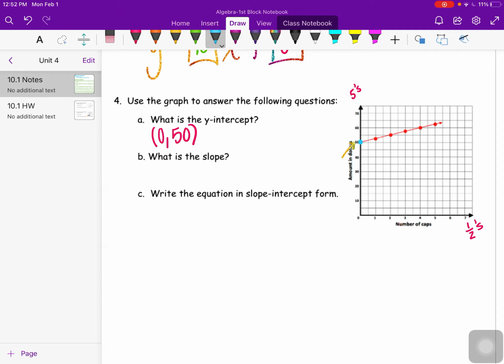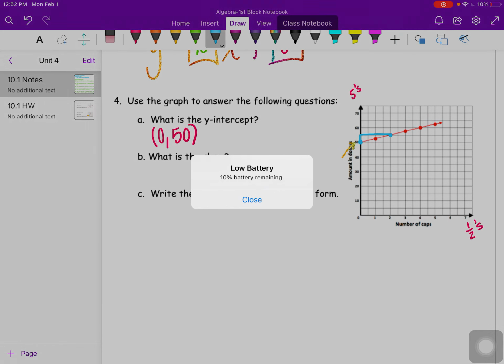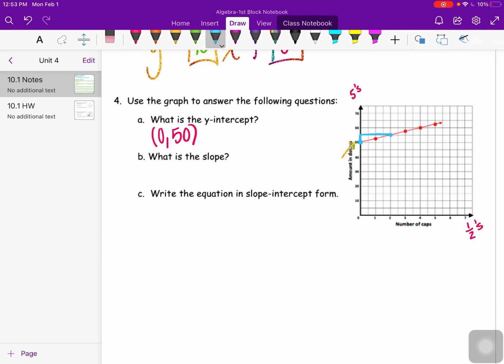All right, I'm going to find 2 points that fall on grid lines. I'm going to start with 50, and I'm going to go to this one. It looks like we're going up 1, but remember it's not 1, it's up 5. Then we're running 1, 2, 3, 4, but we're not really running 1, 2, 3, 4, because each grid line is a half.